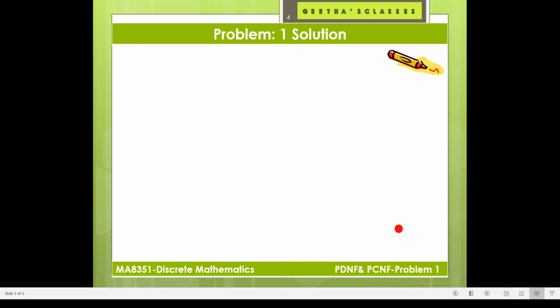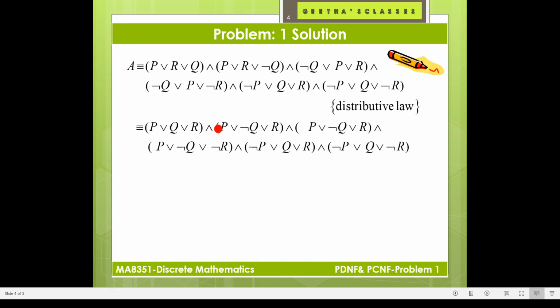Okay, next. Again, in the false, we are replacing Q and not Q, right? So you have to apply distributive law next. So here P or R or Q, so in between and, then P or R or not Q. Okay. So we are expanding by using distributive law.